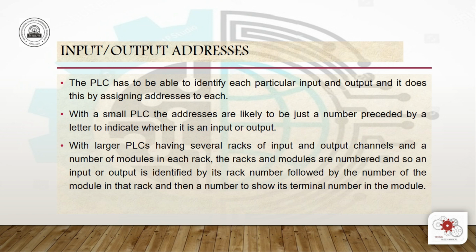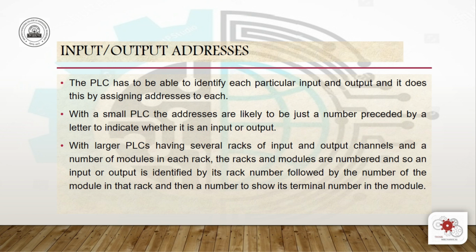For this identification, whatever the input or output port is giving or receiving as a signal, that particular port is to be identified, and for that identification addresses are allocated.